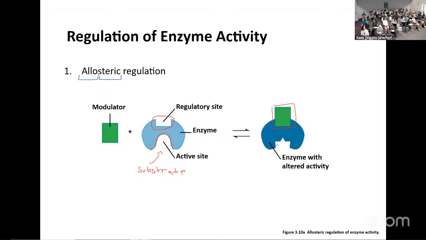You can see that this active site is now a different shape down below, which is going to change how well that enzyme binds to any given substrate. So this is going to change the affinity of the enzyme for a substrate. It could make it soak up that substrate more quickly, make it easier to bind, or make it harder. It could go either way, depending on what that modulator is and what this enzyme is. So this can make it more functional or less, speed it up or slow it down, but it's definitely going to change it. That's our allosteric regulation.